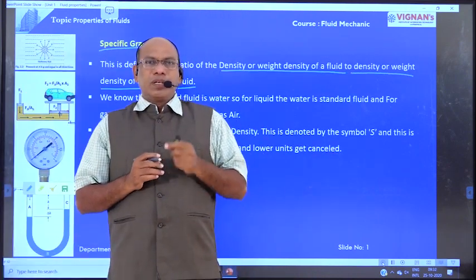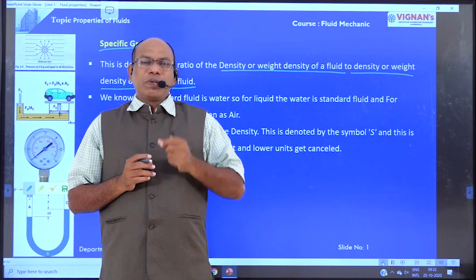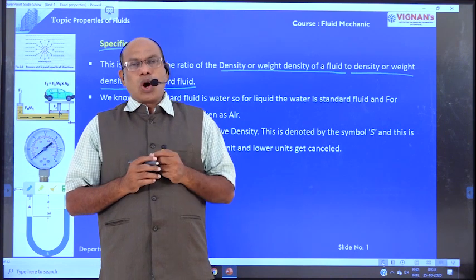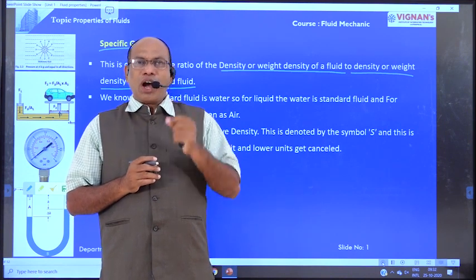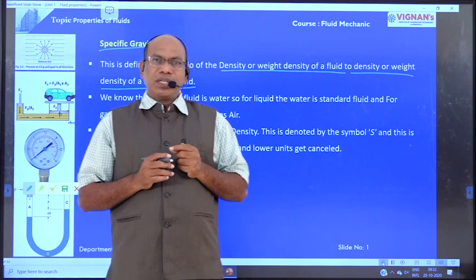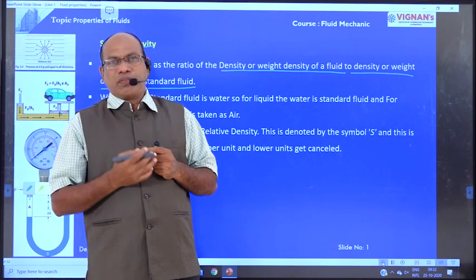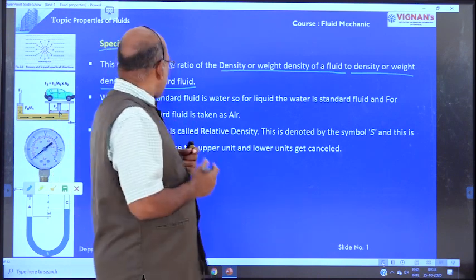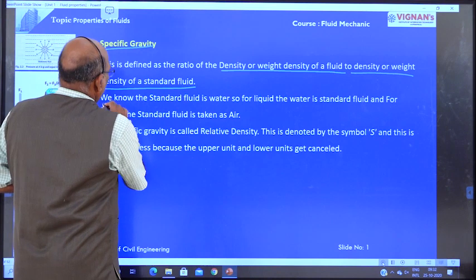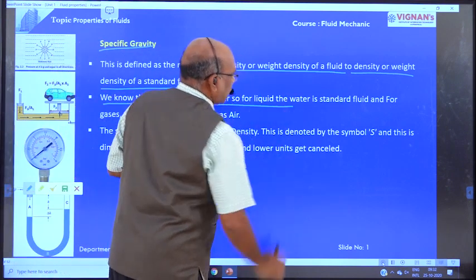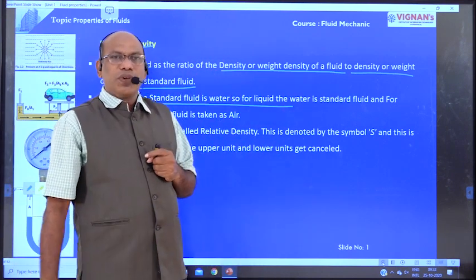Right. Specific gravity. Specific gravity is defined as the ratio of weight density or density of the fluid to the weight density or density of the standard liquid or standard fluid. We know that generally the standard fluid is taken as water.